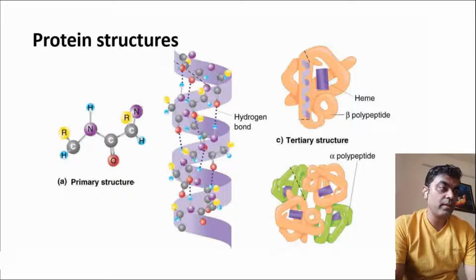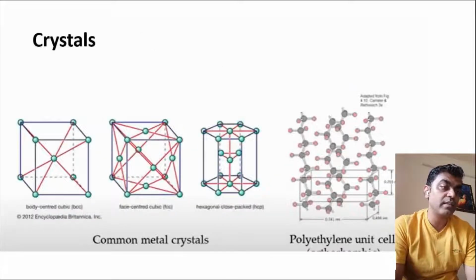So we have gone through the protein structures and their basic architecture, and also we have gone through how these crystals and the orientations, or basically the packing of the crystals, look like, from a simple type of crystal to more and more complex types of crystals.